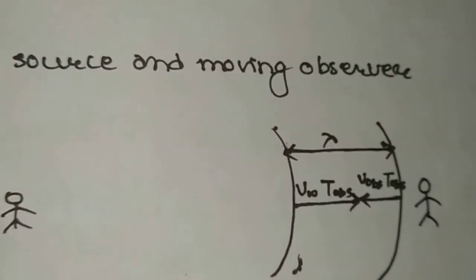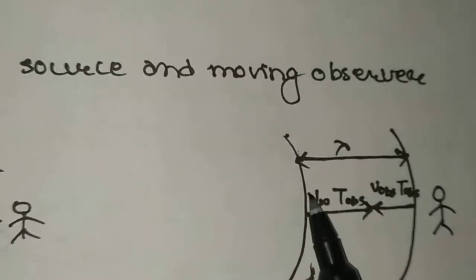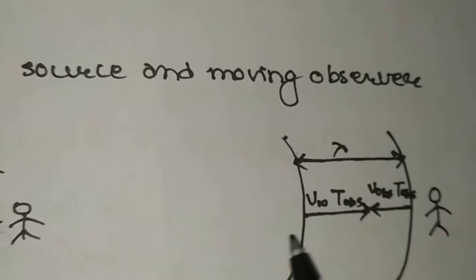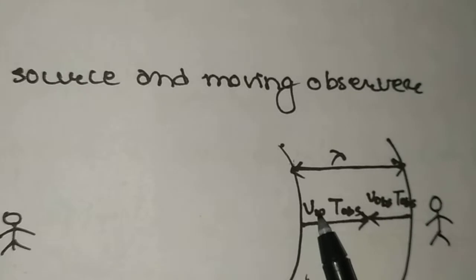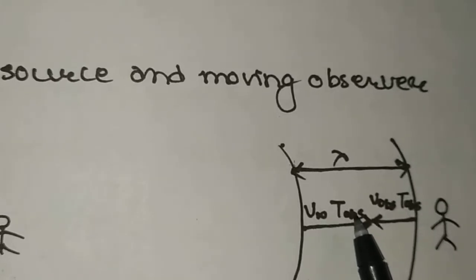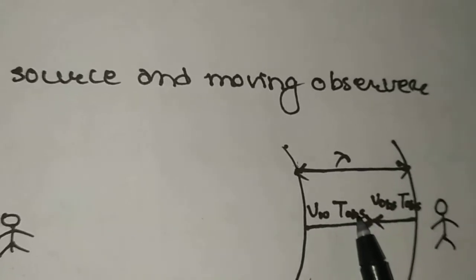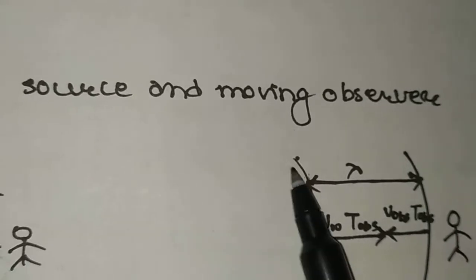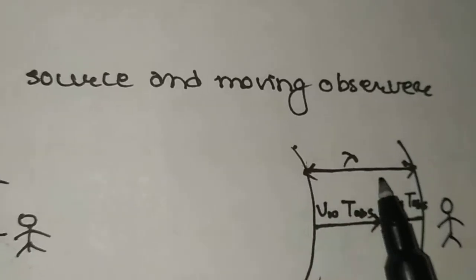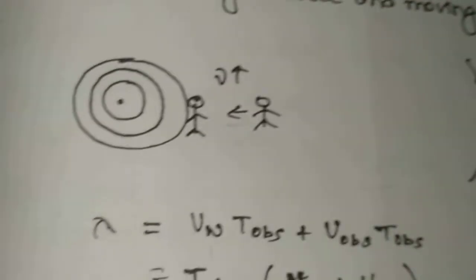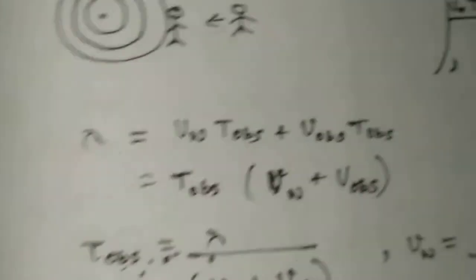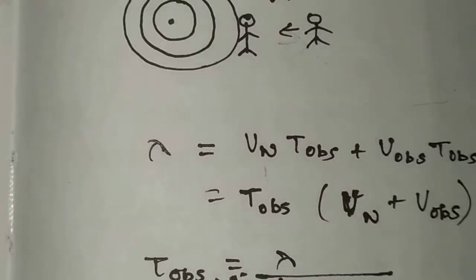Similarly, the speed of the wave to meet the observer will be v_w, and the time period the observer observes will be t_obs. And we know that the distance between two waves is the wavelength, lambda. So now let's move to derive lambda.